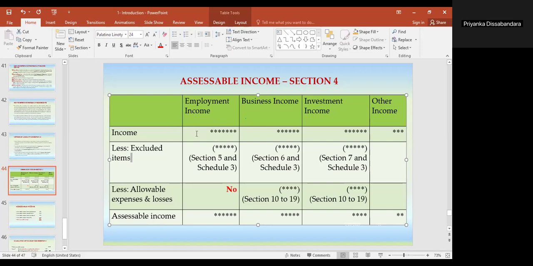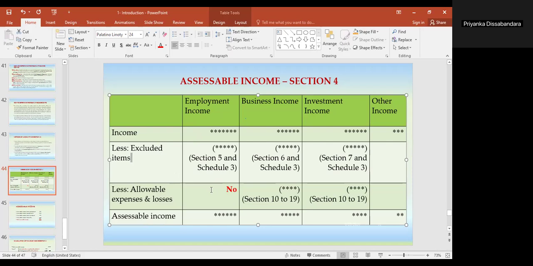So if we have included pensions here, we can claim exemption for government pensions. So if we consider an employee who is a government servant, if that government servant has a government pension, that amount should be removed from here. This is the first step. This is the second step. Under second step, we have to remove excluded and exempt items.